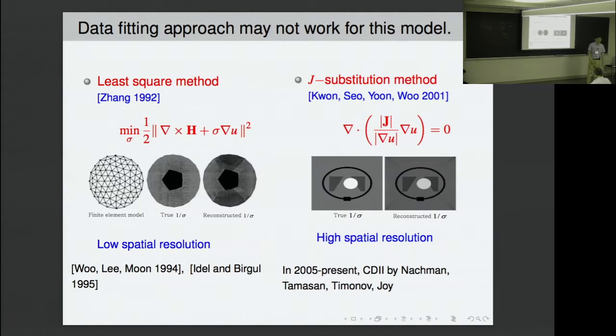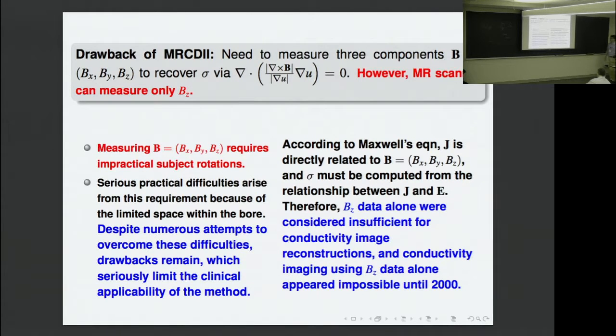The problem is that when I went to an engineering conference, there was more criticism than congratulations. Whenever I found something, there was more criticism than congratulations. The main reason was: how can you get the full magnetic field data?